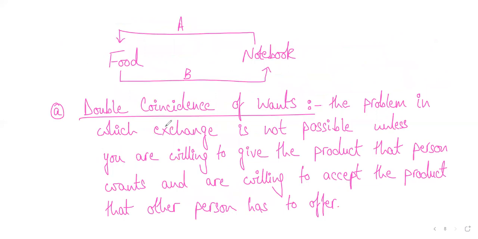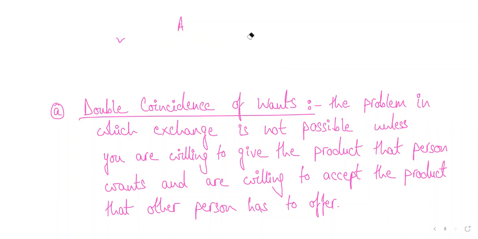Now, the problem with that was that with barter, now we're talking about the problems of barter. The biggest challenge with the barter system was that there is always a double coincidence of wants. What that means is the problem in which exchange is not possible unless you're willing to give the product that the other person wants and are willing to accept the product that the other person has to offer, right?